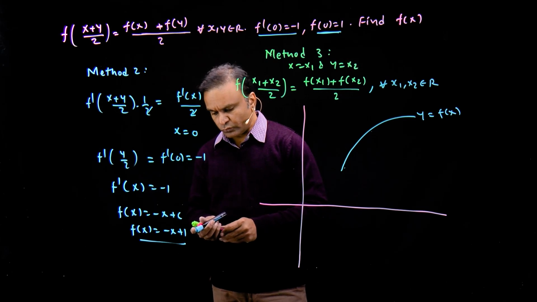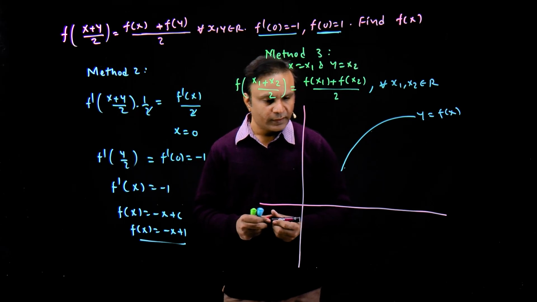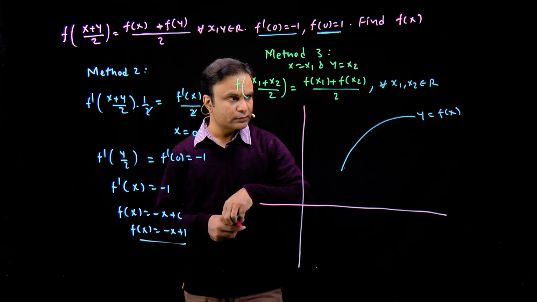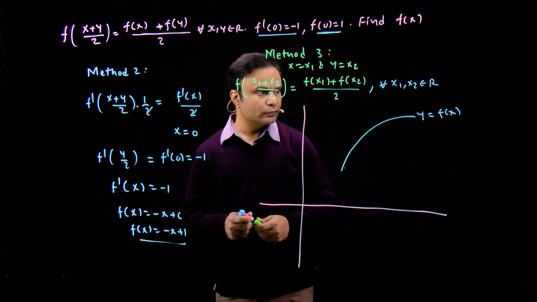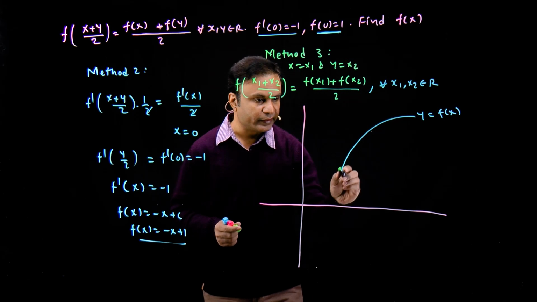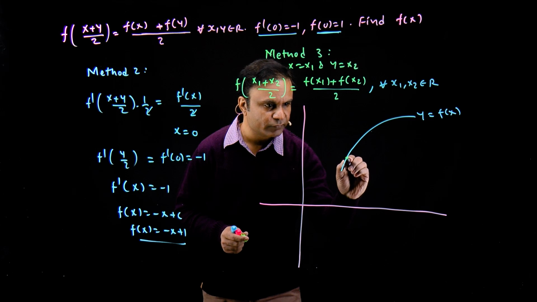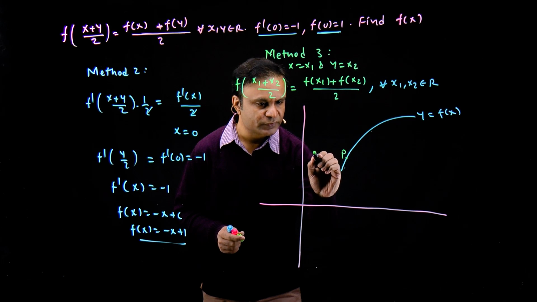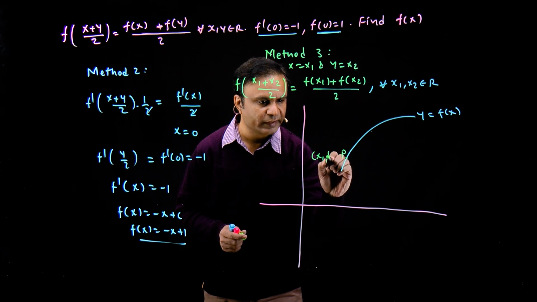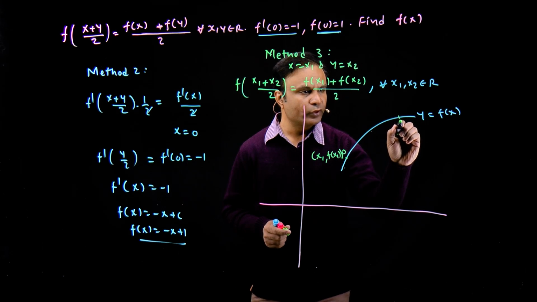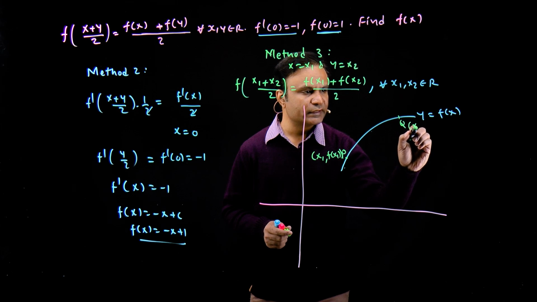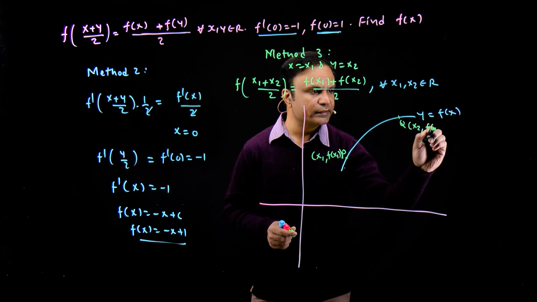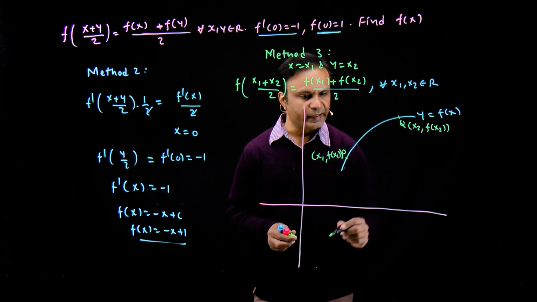Now what I am going to do, I will take 2 points on this graph whose abscissas are x1 and x2. So let's take one point, say this point is P. Suppose abscissa is x1, the ordinate will be f of x1, and here point Q, abscissa is x2, so ordinate is f of x2.